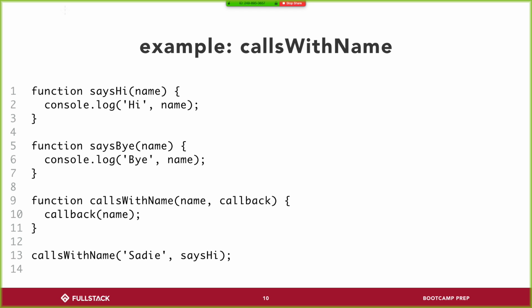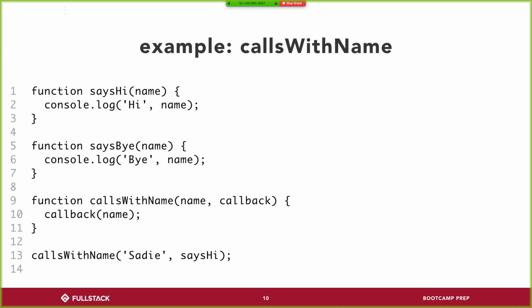So yeah, when we have this function, it takes in a normal parameter, and it also takes in a callback function. And this callback function could be anything. It could be any function that we define. So in this particular case, it says hi, and then it passes in that parameter. Does anybody have any guesses as to what this would output into the console?